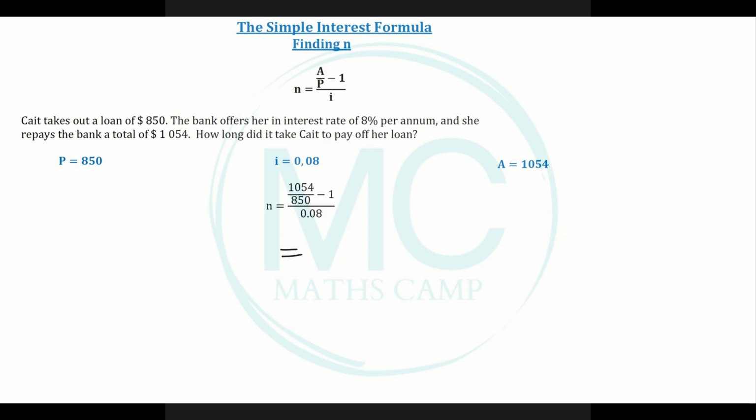So let's subtract the 1 and we get 0,24 over 0,08. 0,24 divided by 0,08 gives us an answer of 3. It took Kate 3 years to pay off her loan.